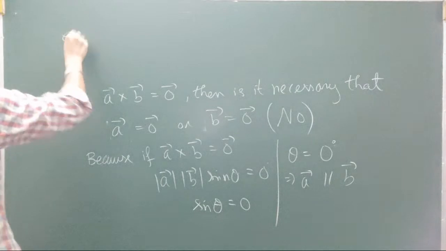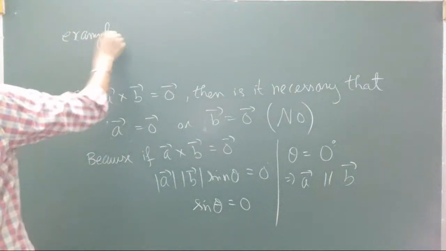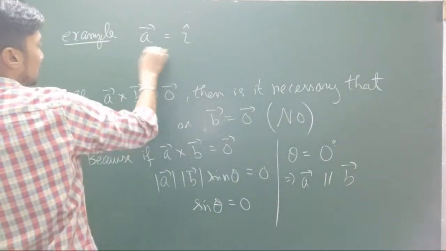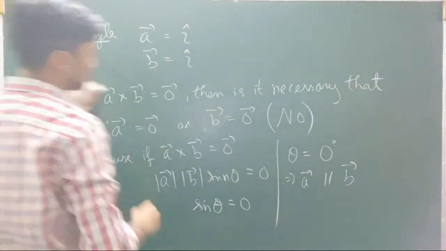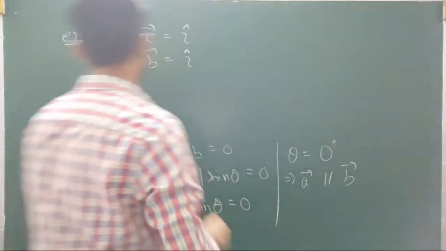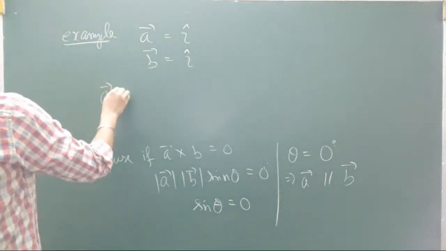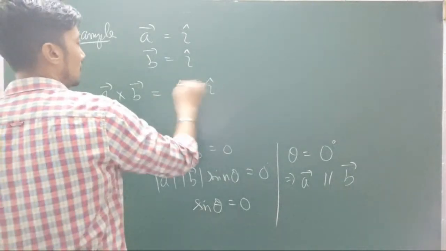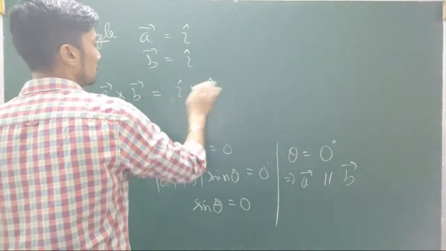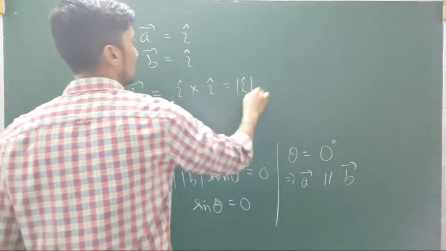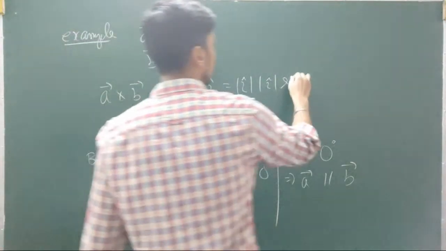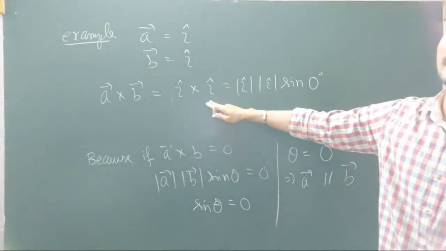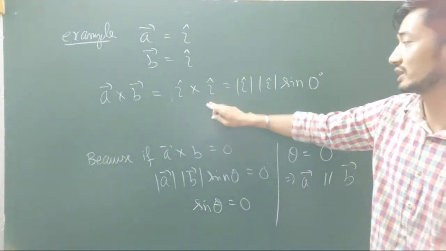For example, if vector A is I cap and vector B is I cap, then what will be A cross B? That is I cross I. And that would be I I sine 0 degrees, because both are unit vectors of the x-axis.